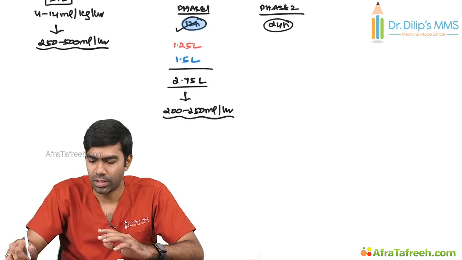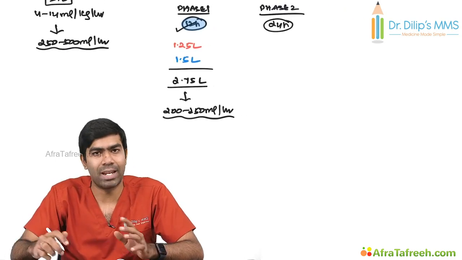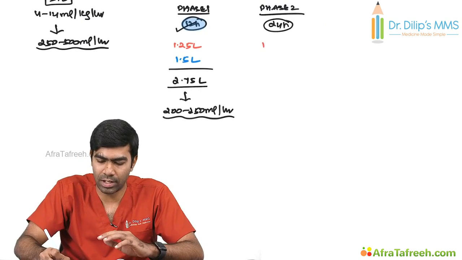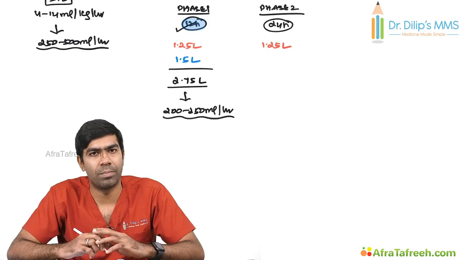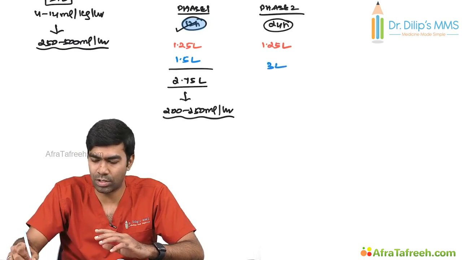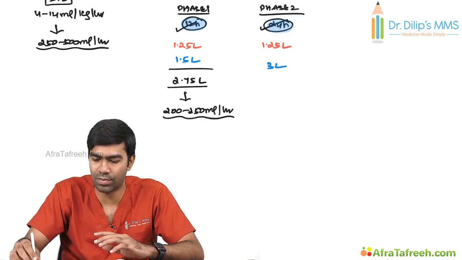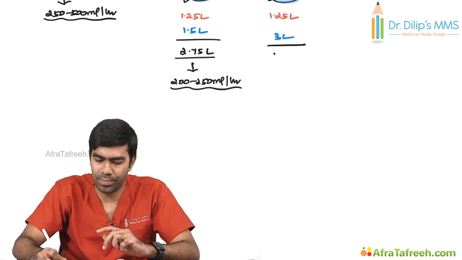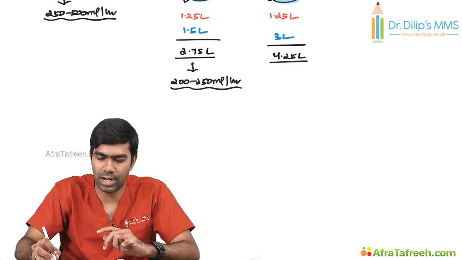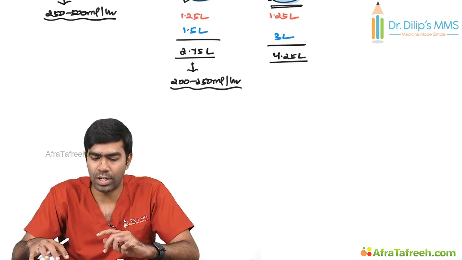In phase 2, I have to give the remaining deficit, that is 50% still remaining, that is 1.25 liters, plus the maintenance fluid, that is 3 liters, because I'm going to give over a period of 24 hours now. Since I'm giving for 24 hours, I've already calculated that is 3 liters. So in total it will be 4.25 liters and it has to be given over a period of 24 hours.